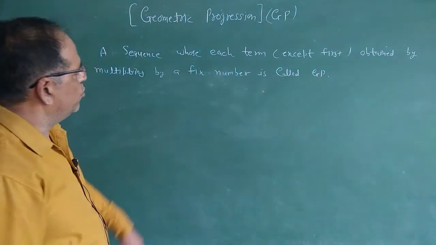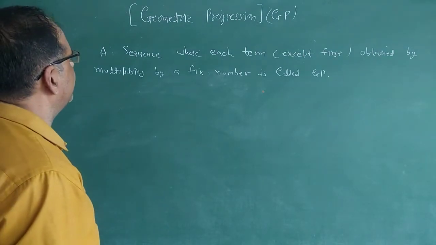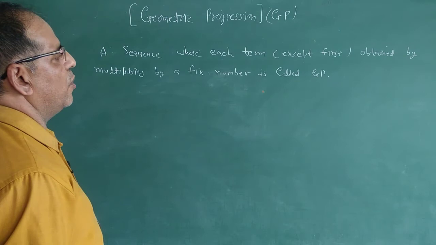A sequence whose each term except first is obtained by multiplying by a fixed number is called GP.